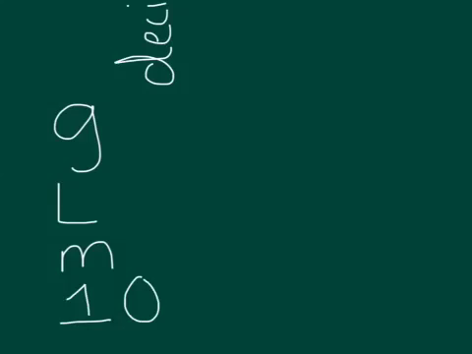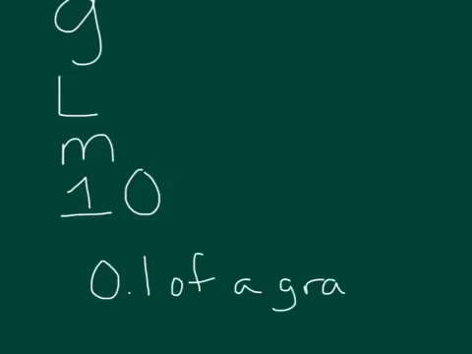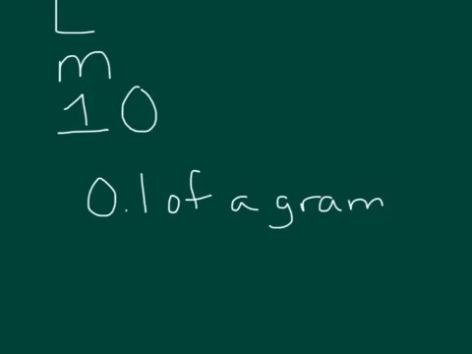Okay. Something else to be said about a decigram. Another way that we can talk about a decigram is that a decigram is 0.1 of a gram. We can also accurately describe it as 1/10 of a gram.